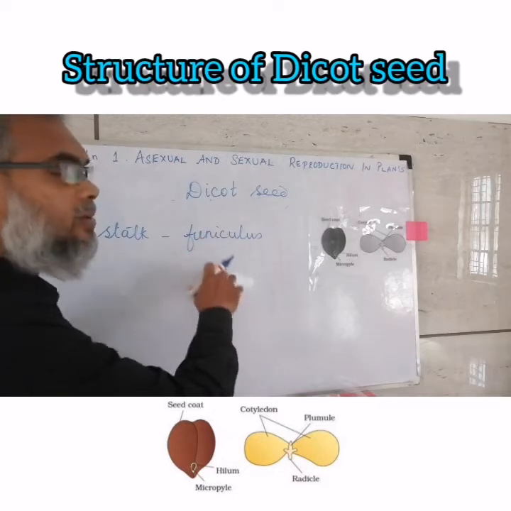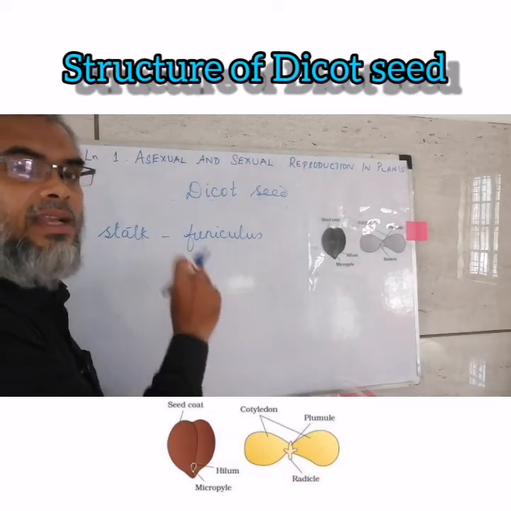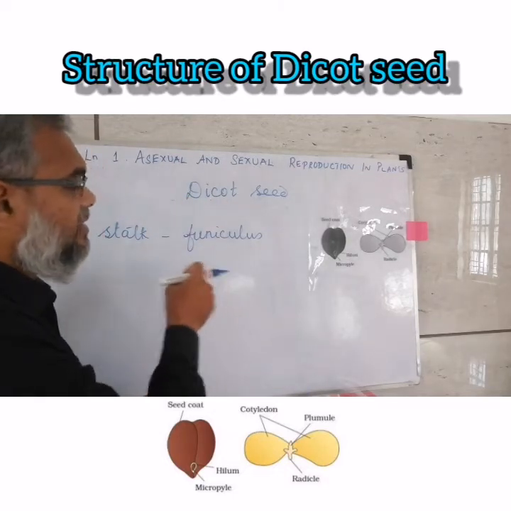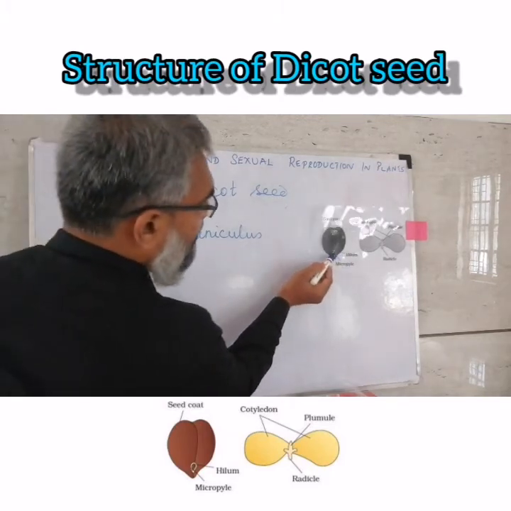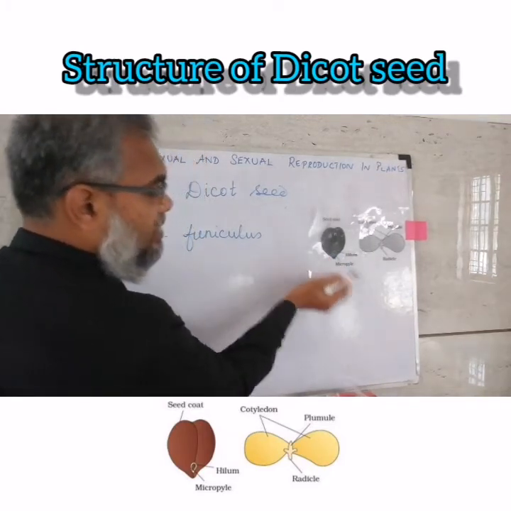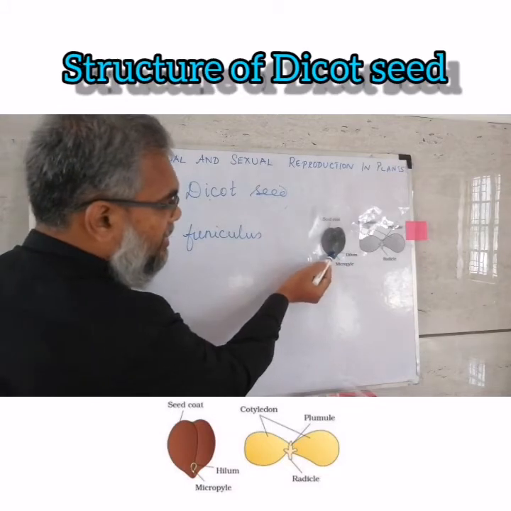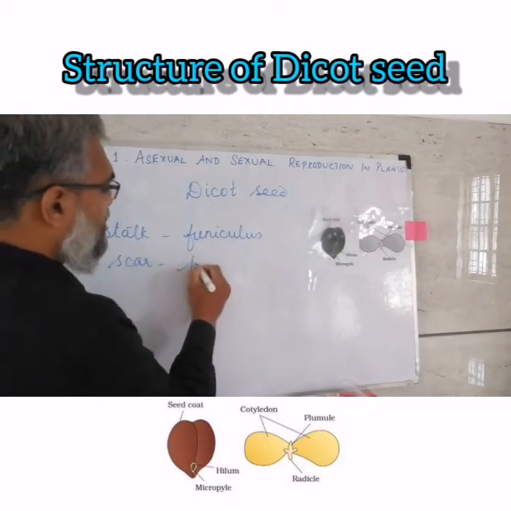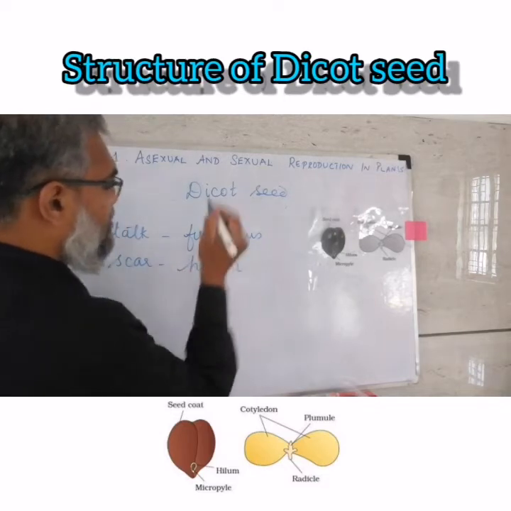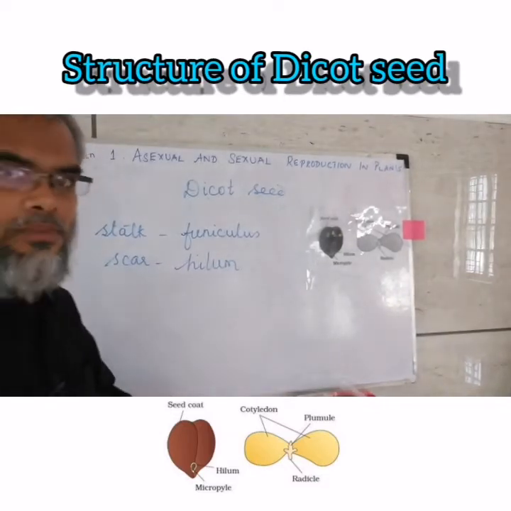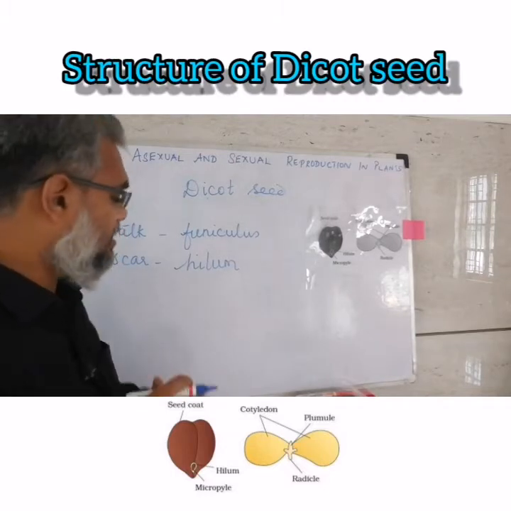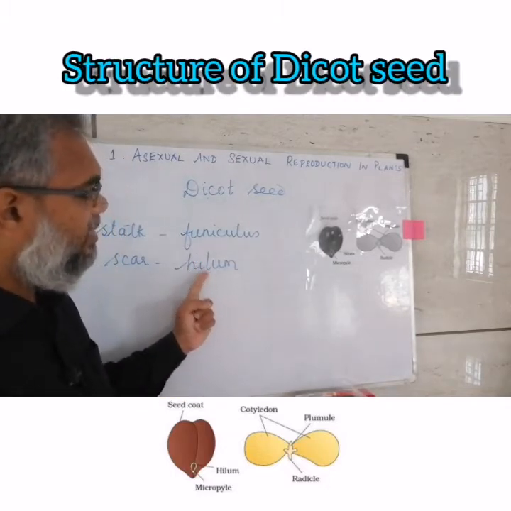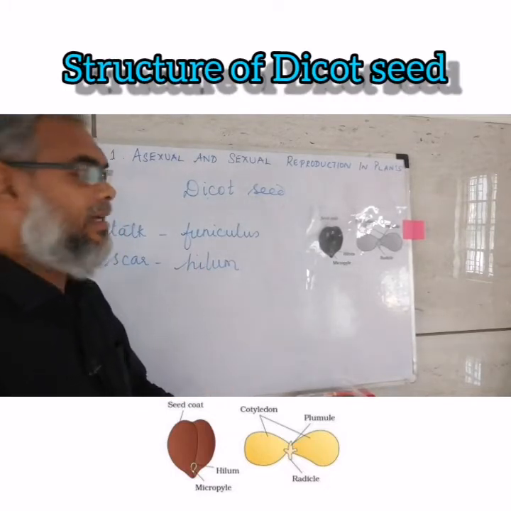Then this funiculus will disappear and there will be a scar in the seed. You can see, the funicle, the stalk, degenerates, and you will have a scar there. That scar is called hilum.